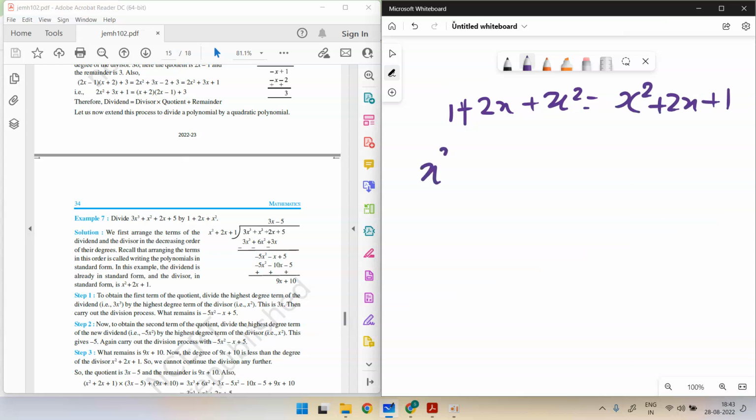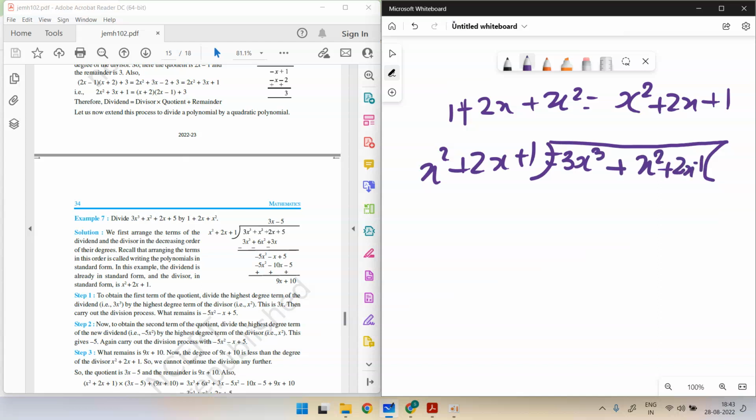So x square plus 2x plus 1 is to be made as a divisor, in proper form, and the dividend is given as 3x cube plus 2x square plus 2x plus 5.